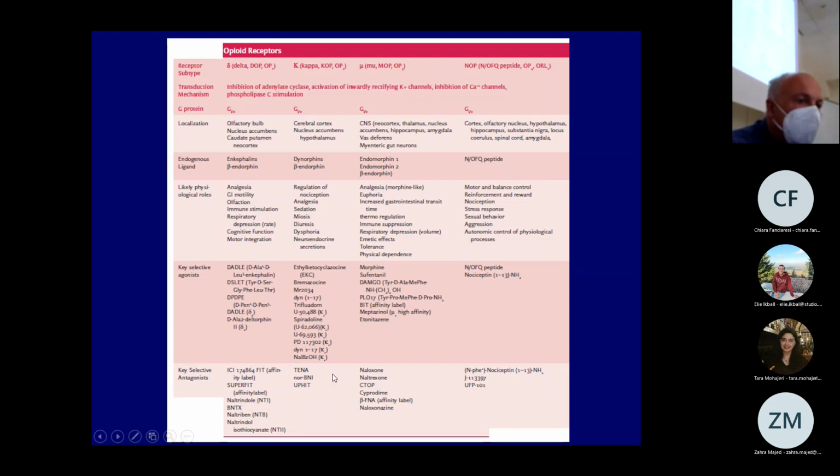And so these two compounds are important to prevent the inhibition of the respiratory center in case of overdose.